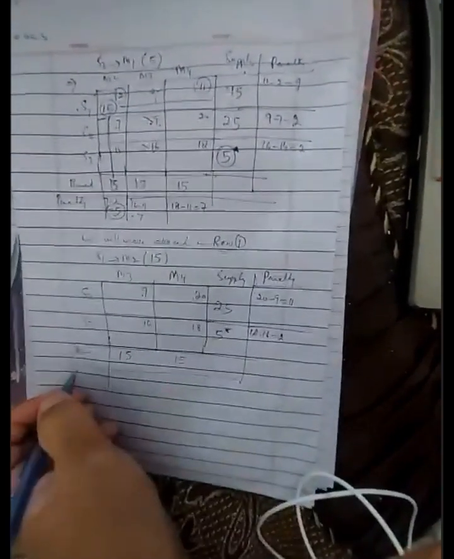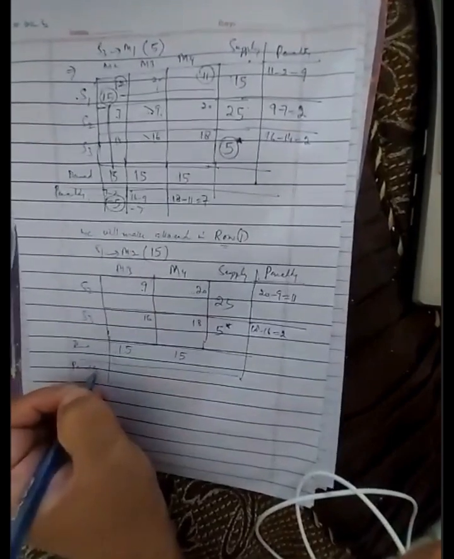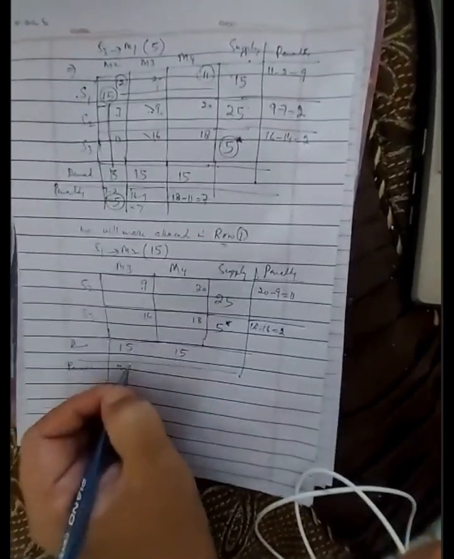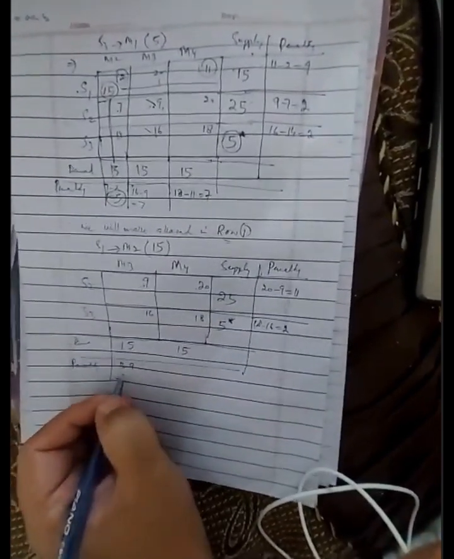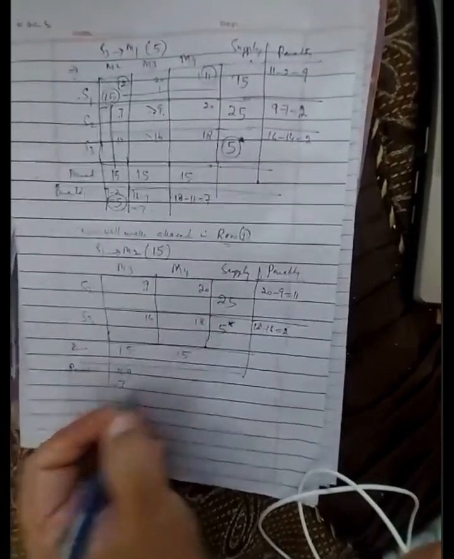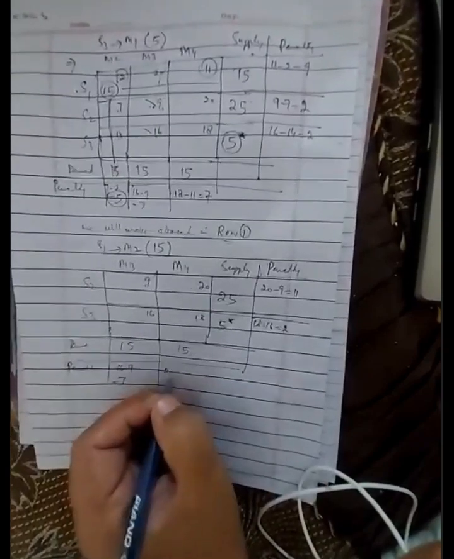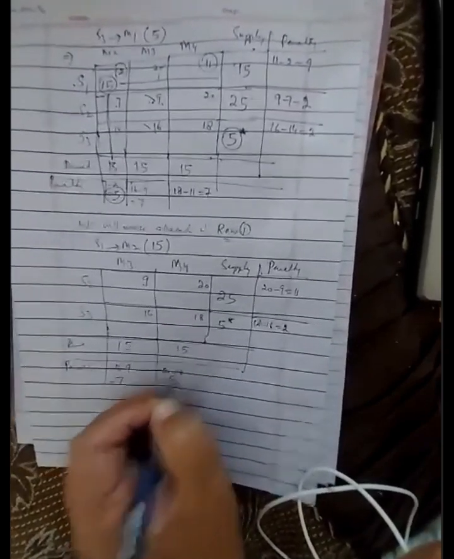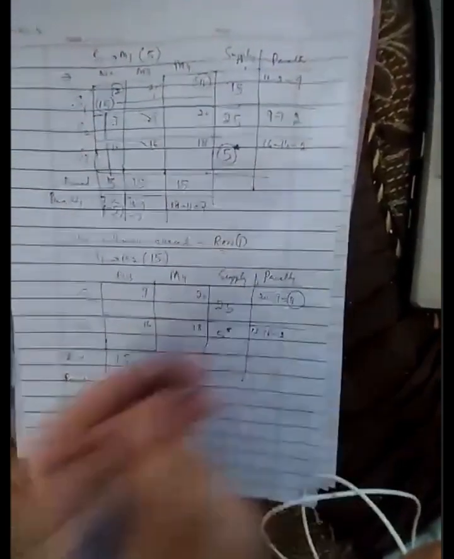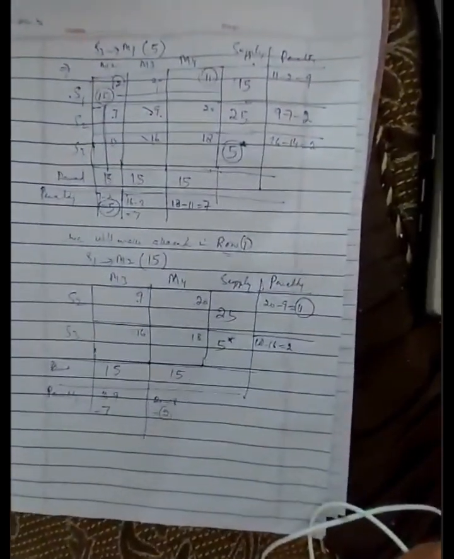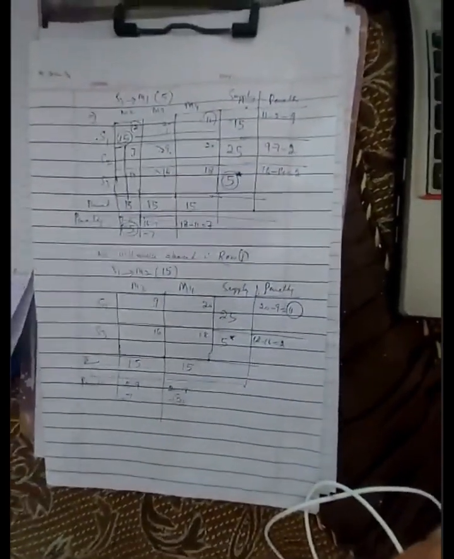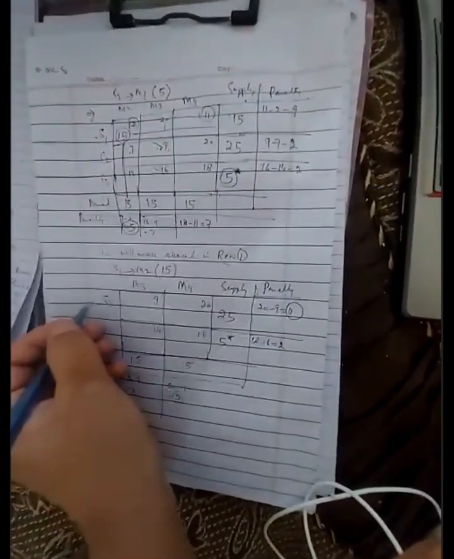Now for the column penalty, we have 16 minus 9 is equal to 7 and 20 minus 18 is equal to 2. Now 11 is the maximum penalty over here. So we will allocate in this row.